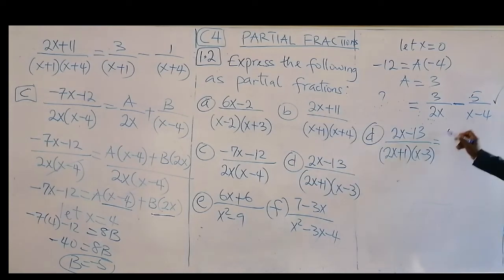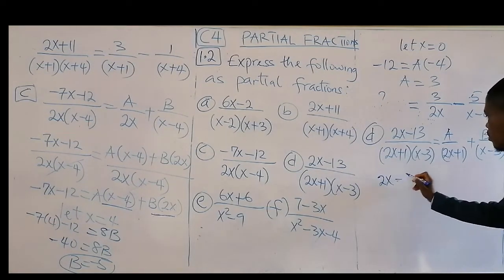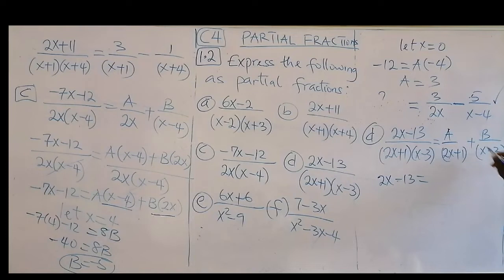So this will be equal to a over one of the linear factor, then plus b over the second linear factor. So that will now have 2x minus 13 equal to this times this, that's a times x minus 3, then plus b, this one times this one, 2x plus 1. And don't forget the denominator on the left and on the right hand side are the same thing, so they will cancel out.